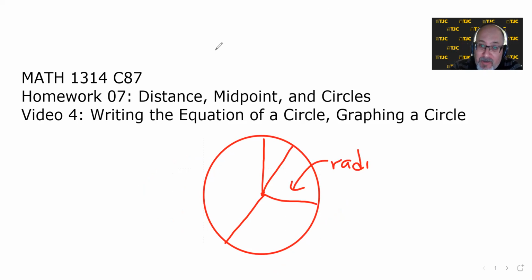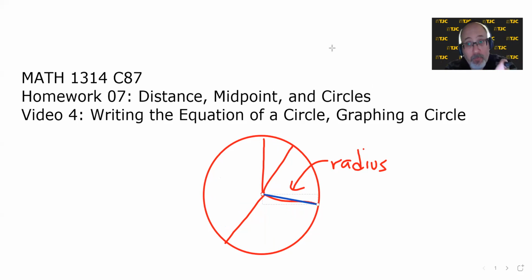Now, there's actually two definitions of the word radius. From a geometric perspective, the radius is any segment that connects the center of the circle to any point on the edge. So everywhere I stop, that's a radius, radius, radius, radius. So you can think of a radius as a line segment.